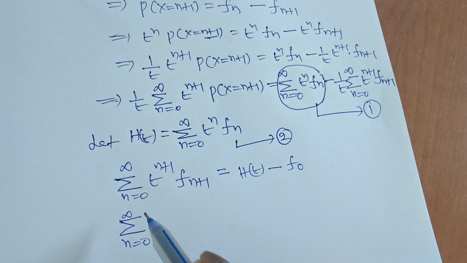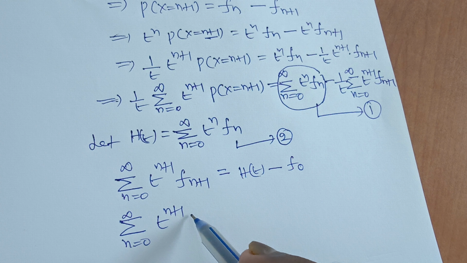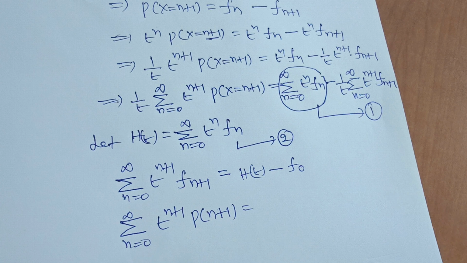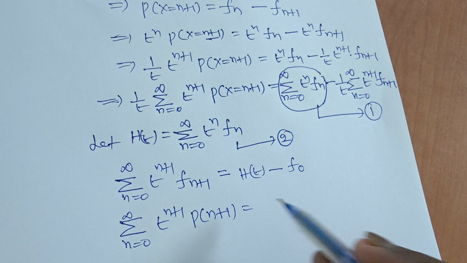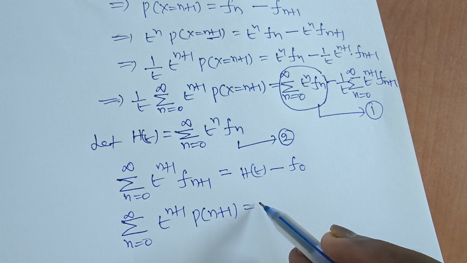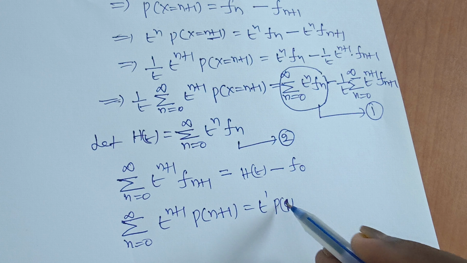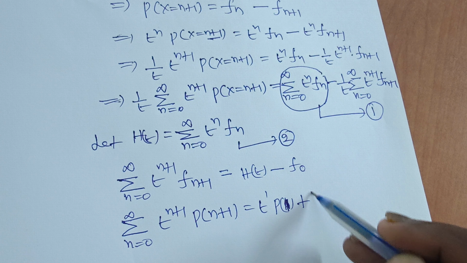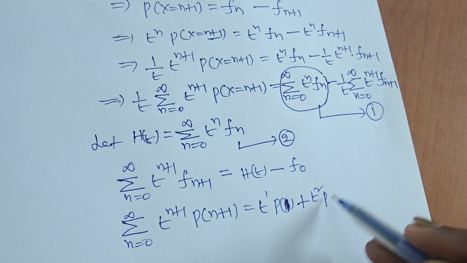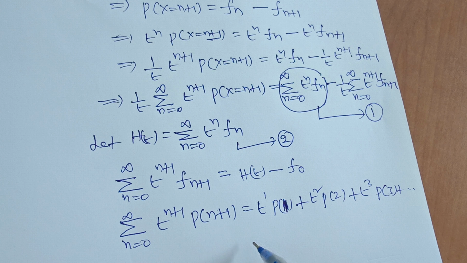n equals 0 to infinity t^(n+1) P(X = n+1). Here if you put n equals 0, we get t^1 P(1) plus t^2 P(2) plus and so on.